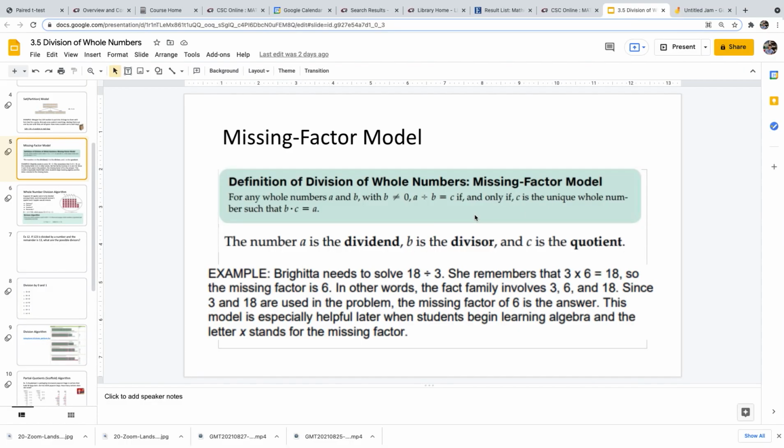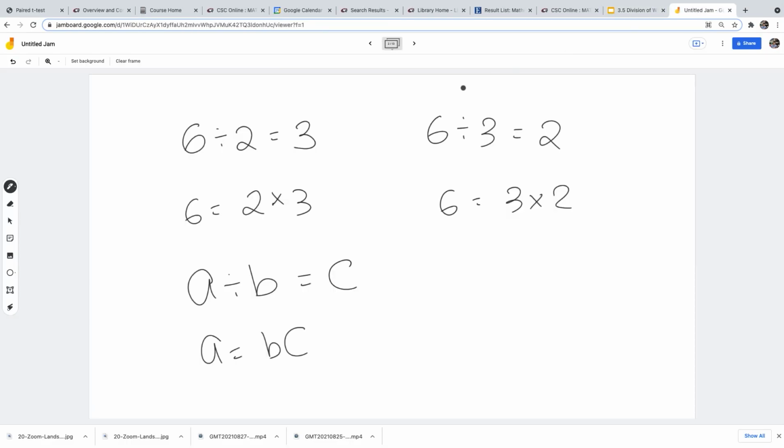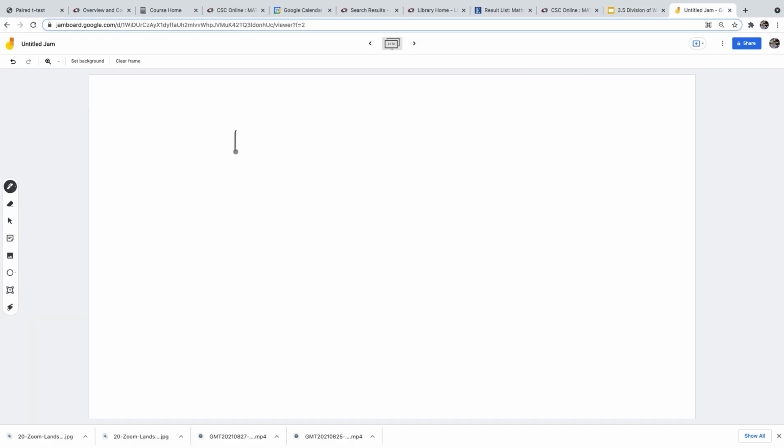Okay, so what that means, to find 18 divided by 3 is what? We know the relationship between that divisor and the quotient, right? So if you multiply these two numbers together, divisor times quotient, we know that that will be the dividend.